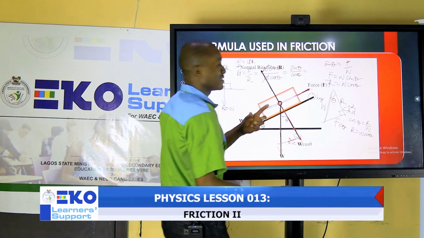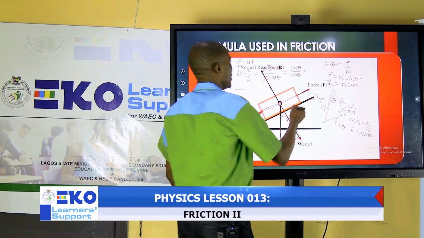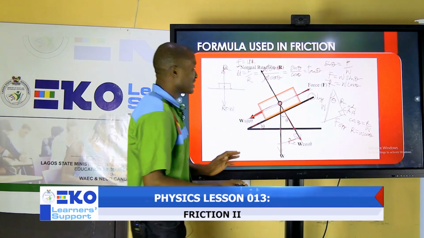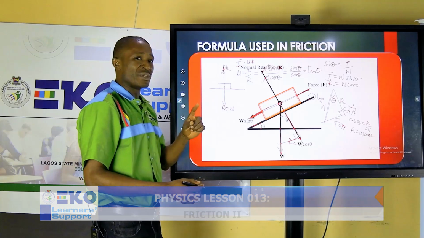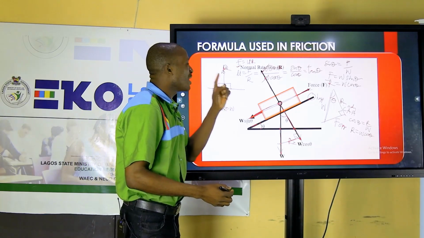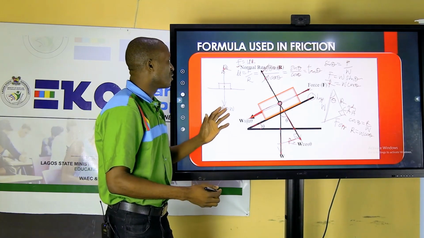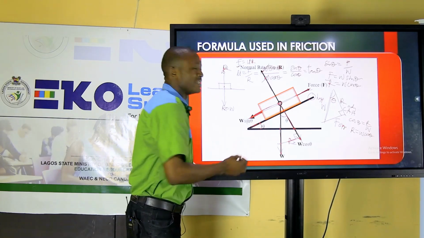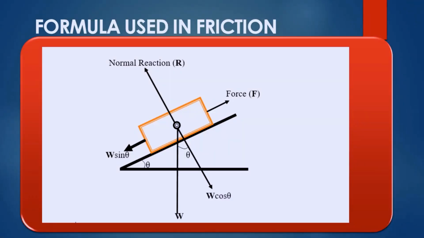So when you have sine theta over cos theta from trigonometric ratio, you know that this is going to give us tan theta. So which means that for an inclined surface, if you are going to look for the coefficient of friction, don't go solving through a long process. Just look for tan of the angle it inclines with to the horizontal. So nu for inclined surface can be taken as tan of that angle of inclination.